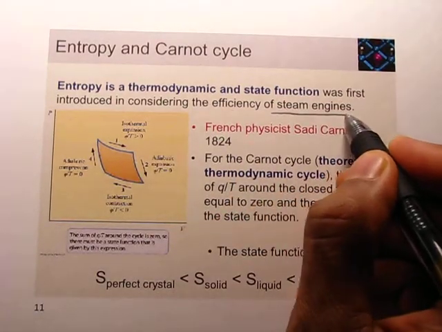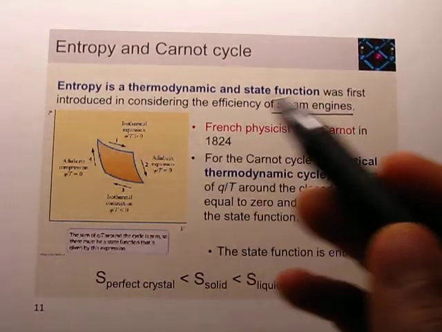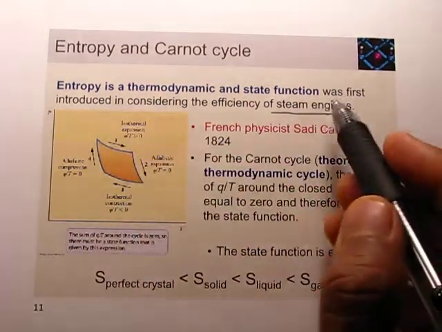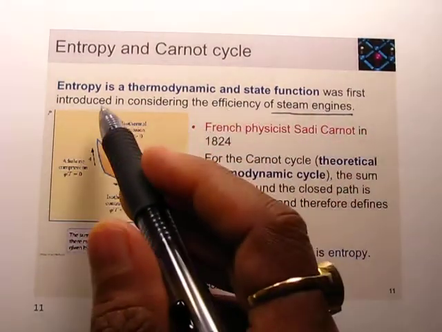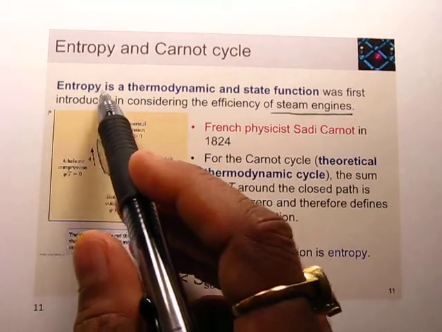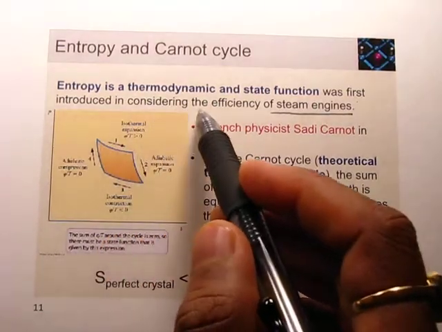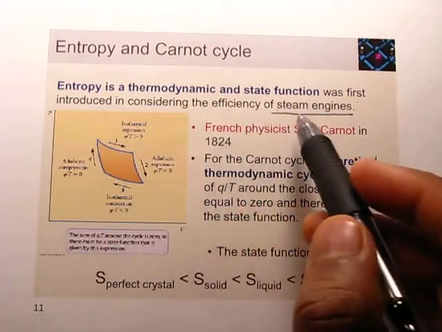The steam engine came in the 19th century and the efficiency of the steam engine was explained through entropy. So entropy is a thermodynamic state function, first introduced in considering the efficiency of the steam engine.